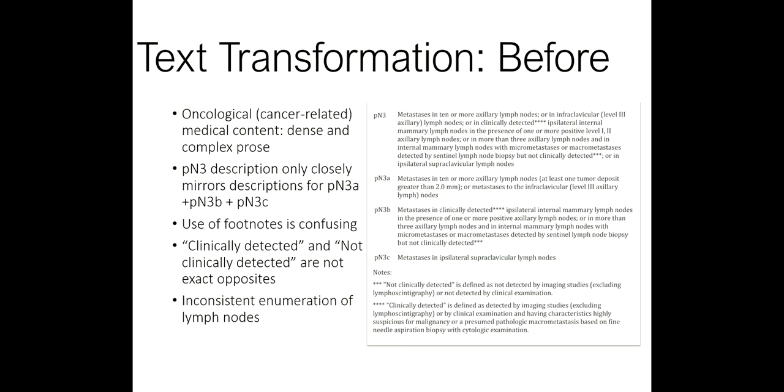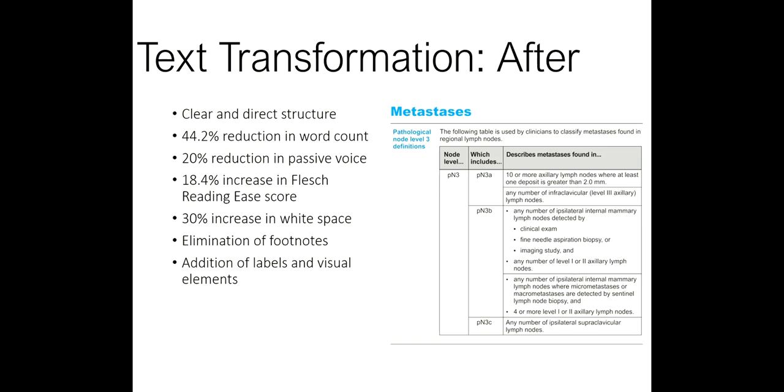One of the things that the consulting firm that I work for does is to look at this information and try to simplify it. So in this next slide, this is what that same content was transformed to.